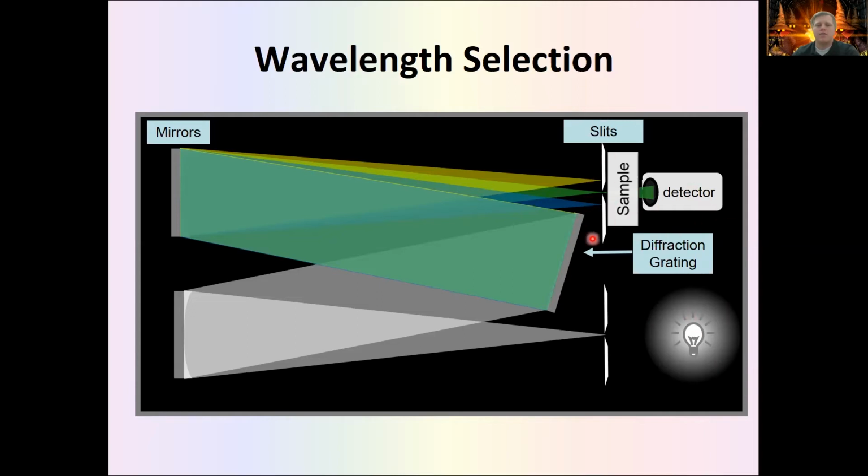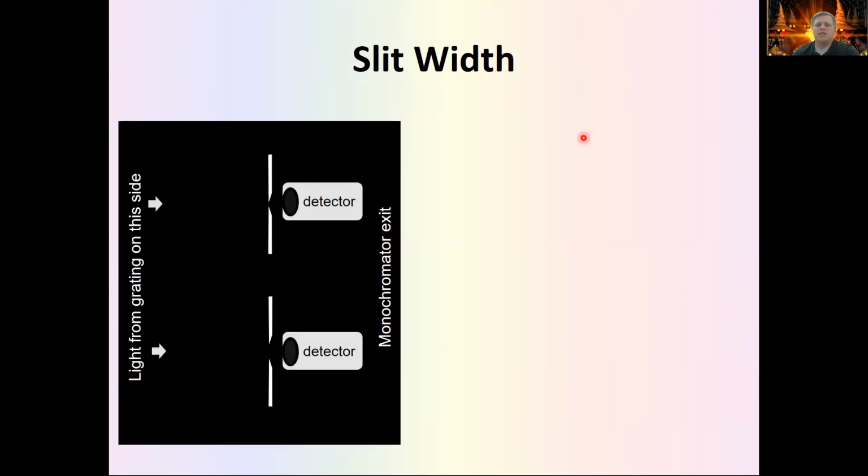But let's talk really fast about this slit right before the detector here and what it does. So this slit, obviously, it filters out different wavelengths of light, so you're just getting through the ones you want. But let's talk a little bit about the width of this slit and what that does, actually.